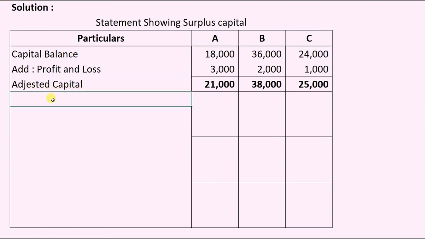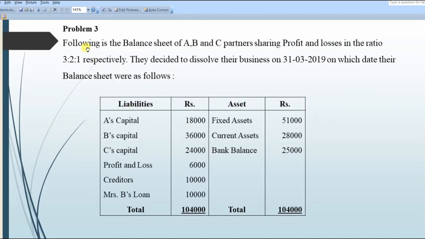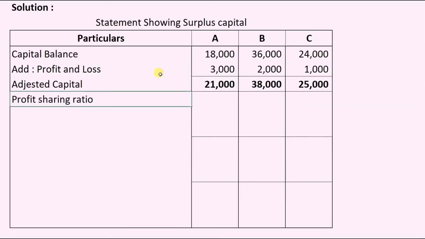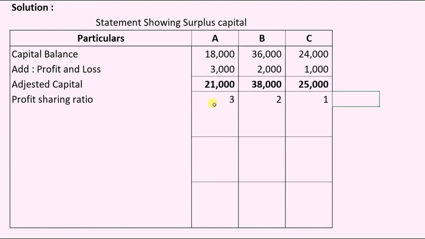After this we will take the profit sharing ratio. In the problem, the profit sharing ratio is given as 3:2:1. After taking the profit sharing ratio, we divide the adjusted capital by it: 21,000 divided by 3, 38,000 divided by 2, and 25,000 divided by 1.